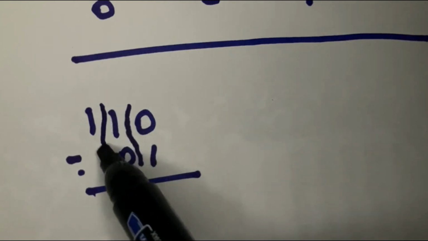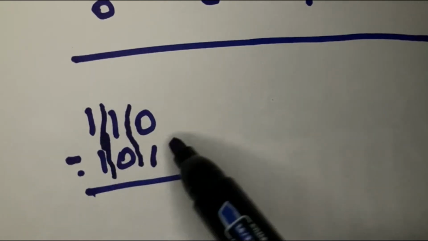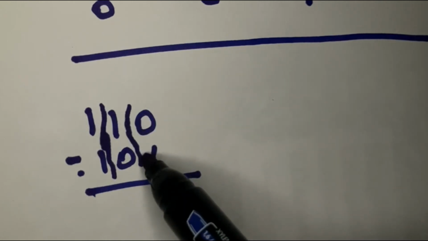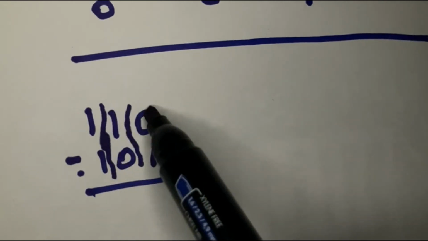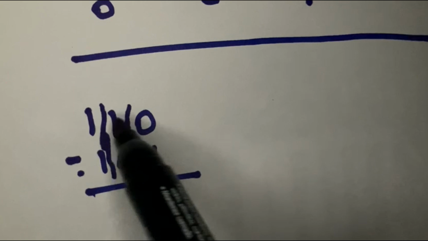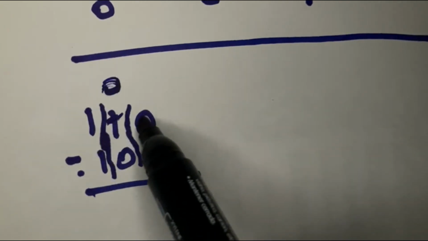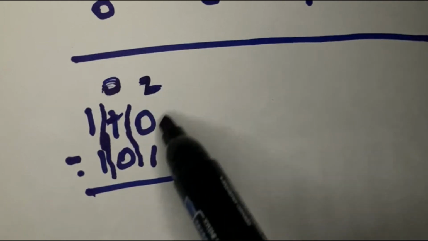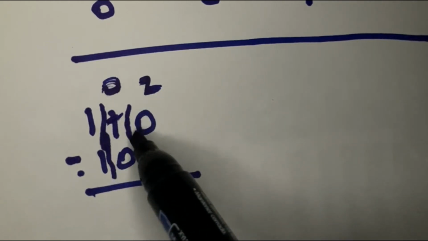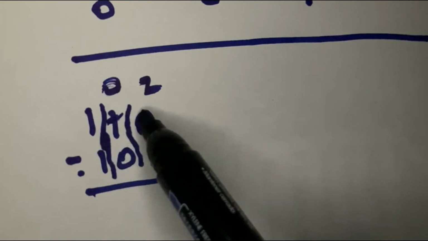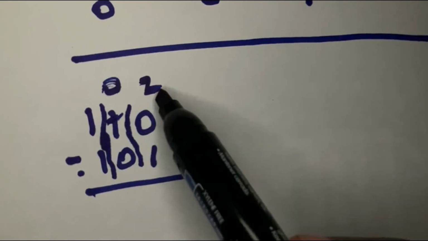The subtraction goes column by column, right? So here 0 minus 1 we cannot, so we have to borrow from this. When we borrow from here, this will change into 0 and this will change into 2, because 10 in the binary digit is the same as 2. So when we borrow this 1 here, it will be 10, which is 2.